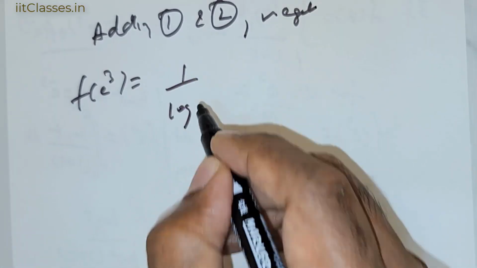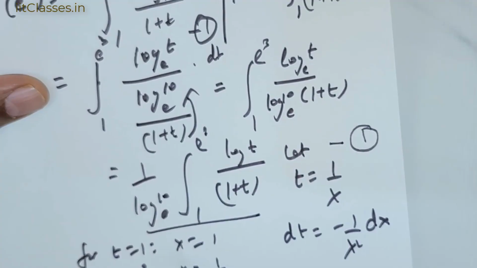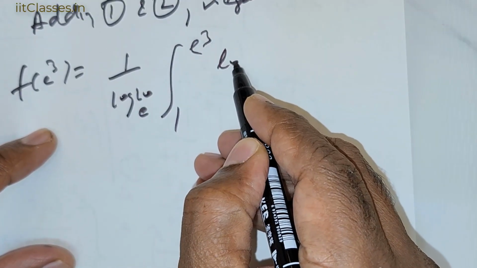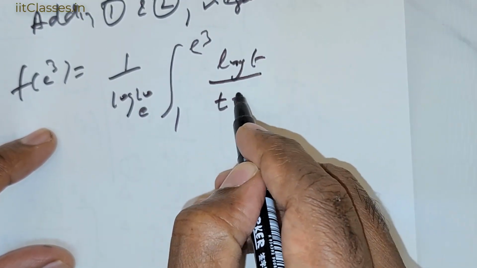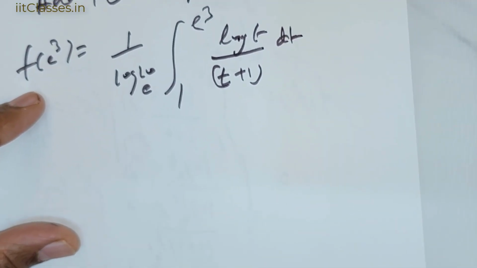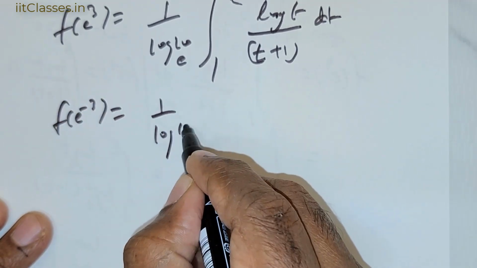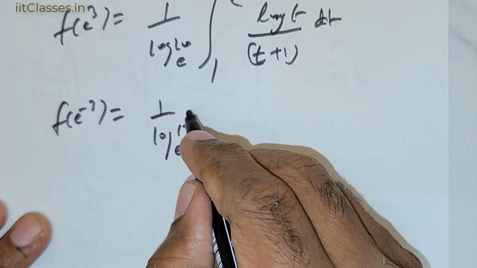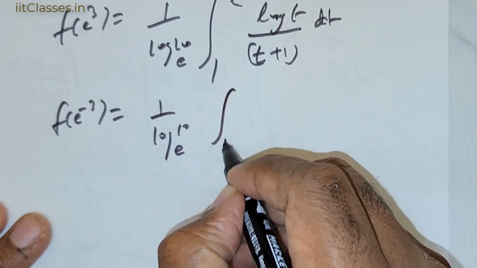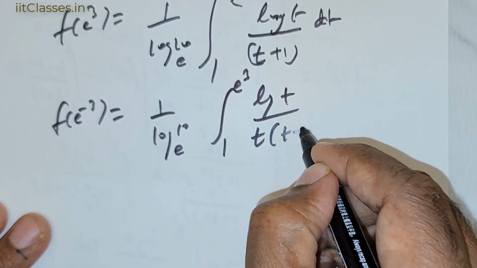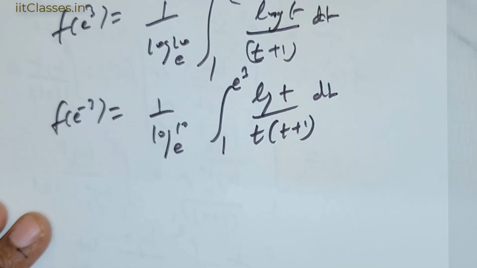So 1 over log 10 to the base e, integral 1 to e raised to the power of 3, this is log t divided by t times (t + 1) times dt. This is one quantity, and f of e raised to the power of negative 3 is 1 over log 10 to the base e, and this is integral 1 to e raised to the power of 3 log t divided by t times (t + 1) times dt.